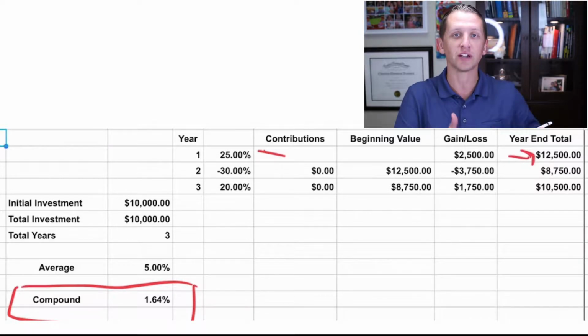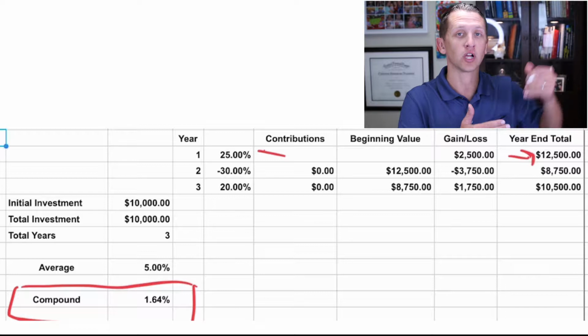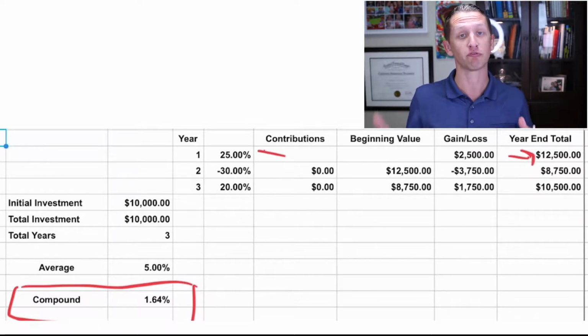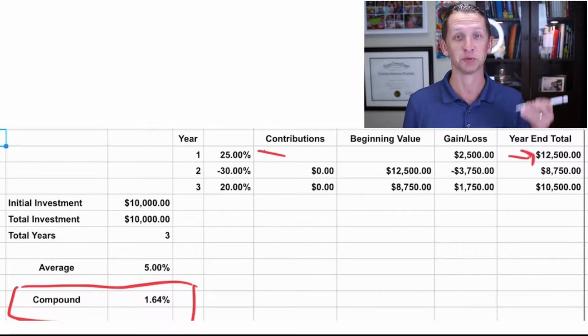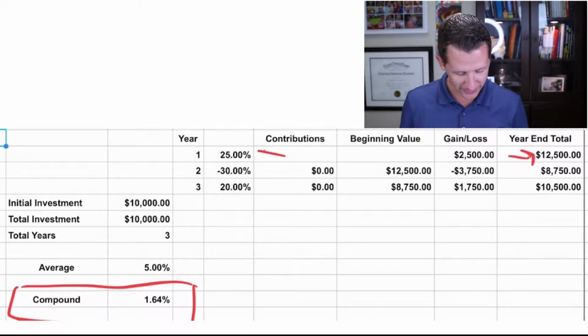So each and every year, if you have gains or losses, that's going to affect it moving forward. And you can see that it's completely transparent. It's a much better indicator when you're looking at compound interest or compound annual growth rate. So this is 1.64. Now, if you think a 1.64% annual rate of return or a compounded rate of return, you would understand that it's probably 10,500.